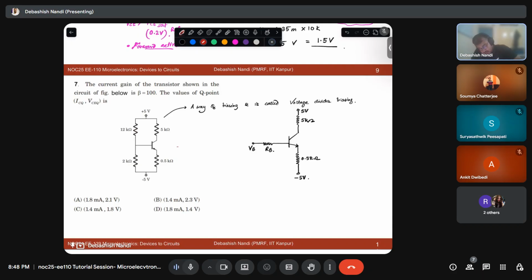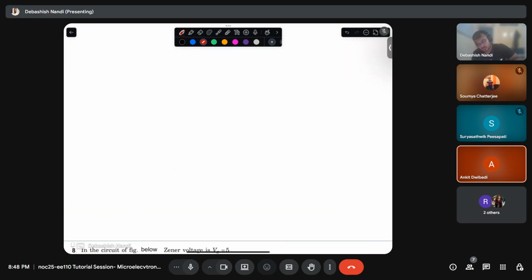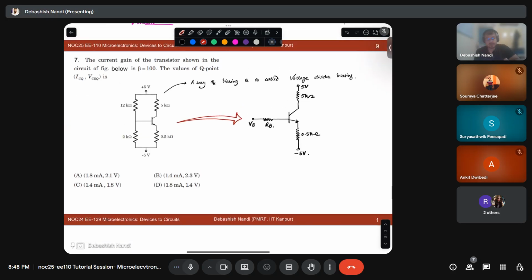Now, can anyone tell me how I can get from this form to this form? I need to convert from the left hand side form to the right hand side form. How do I do that? Applying the voltage divider formula. Please enlighten us how to apply the formula.